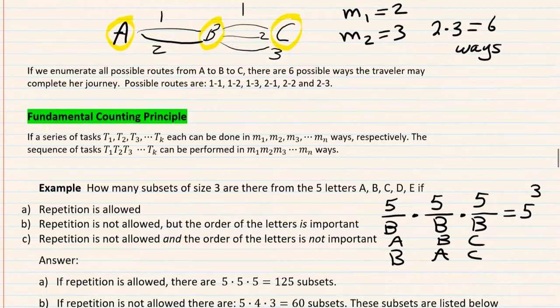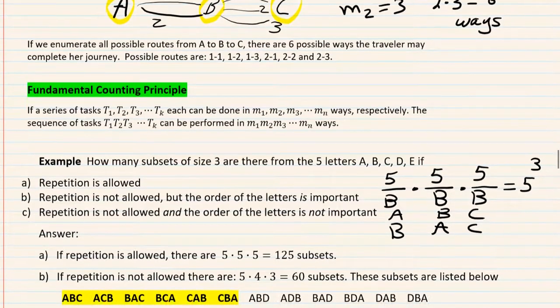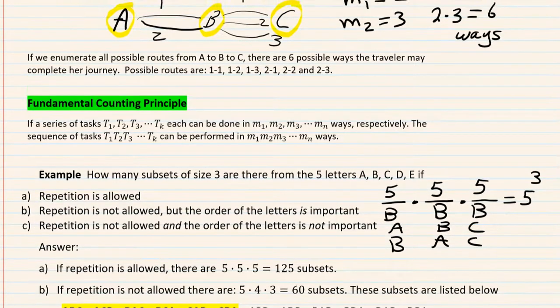So, for part A, of course, there's the answer. In part B, it turns out there are 60 ways of doing this, right? Because our first, second, third task: 5 choices for the first letter. Because we don't allow repetition, once you choose a letter, let's say I pick B, then B is fixed and out of the pool.